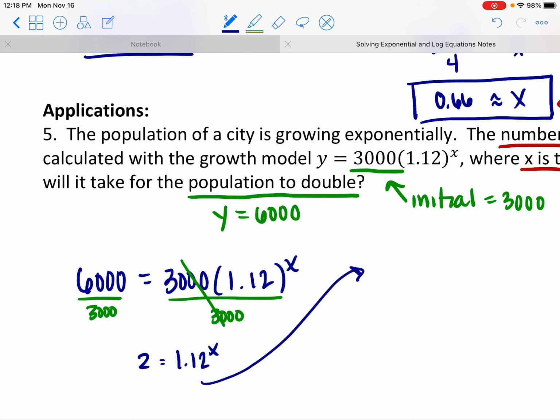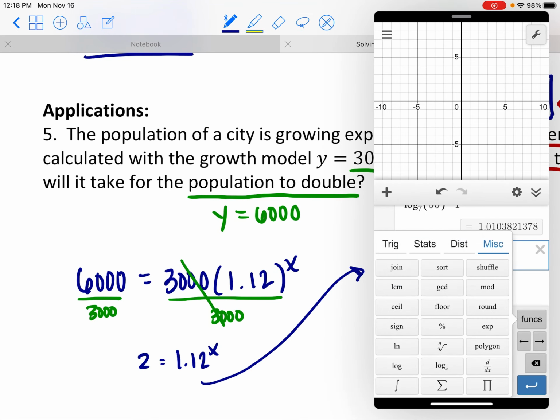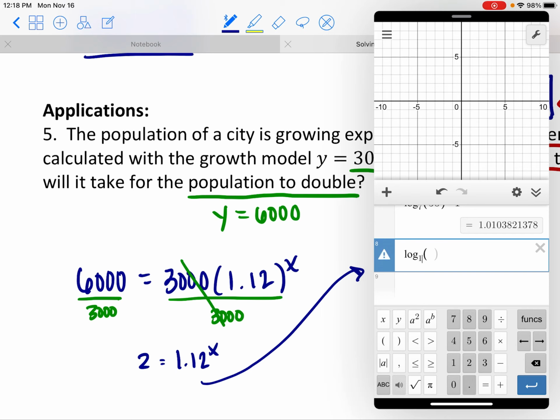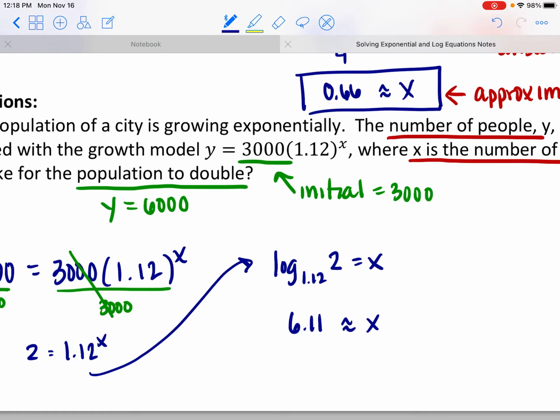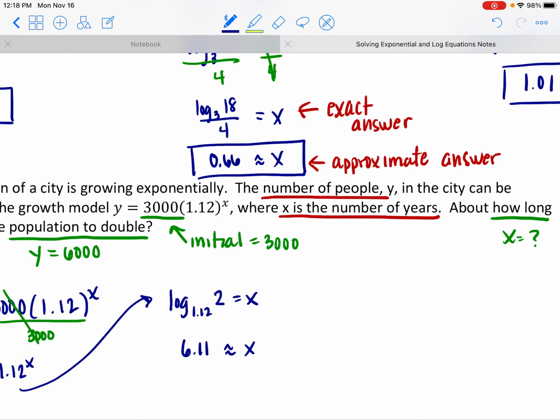And now I can rewrite this. This will be the log base 1.12 of 2 equal to x, which we can now approximate using our calculator. So log base 1.12 of 2 is going to be about 6.116, so this is about 6.11. So this is going to be a little over 6 years for the population to double.